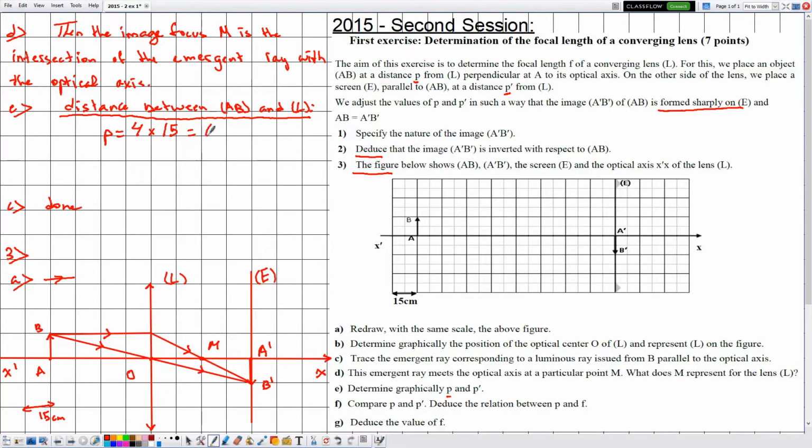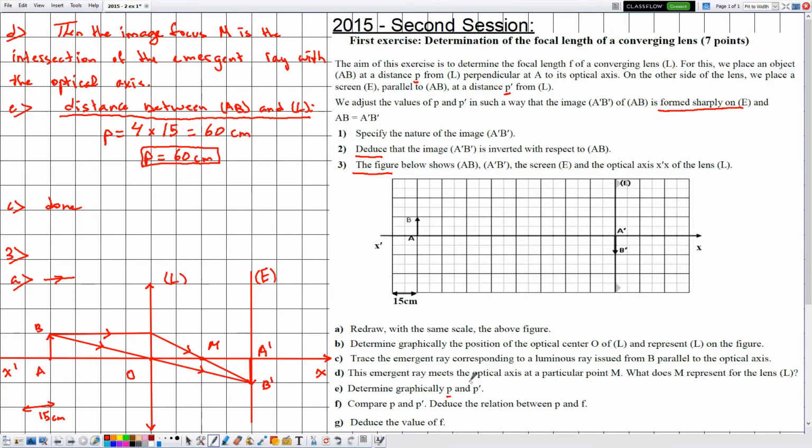This will give me 60. Because the scale is in centimeters, the value of P will be in centimeters. Always, all quantities in physics must have a unit. Finally, it's a good habit to write our final answer in a box to make it easier for the corrector to notice our correct answer.